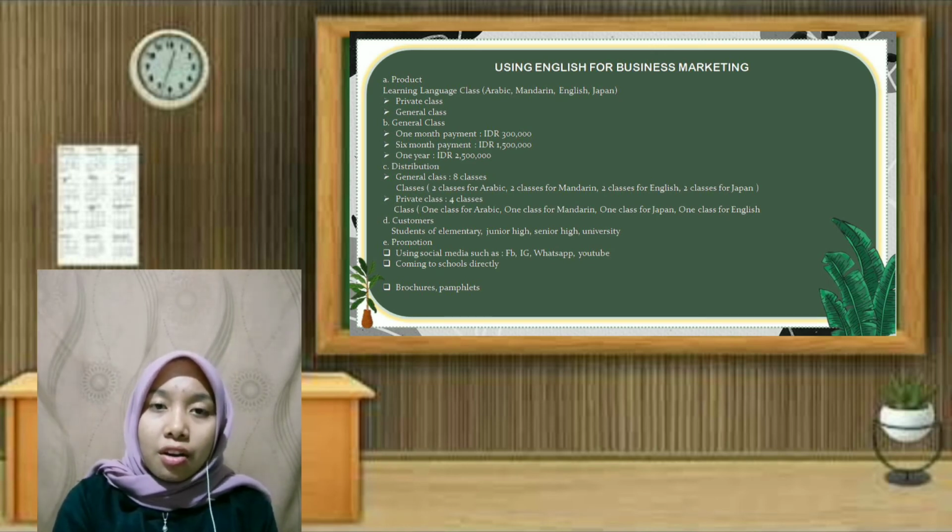C. Distribution. General class: 8 classes, 2 classes for Arabic, 2 for Mandarin, 2 for English, and 2 for Japanese. Private class: 4 classes, 1 class for Arabic, 1 for Mandarin, 1 for Japanese, and 1 for English.